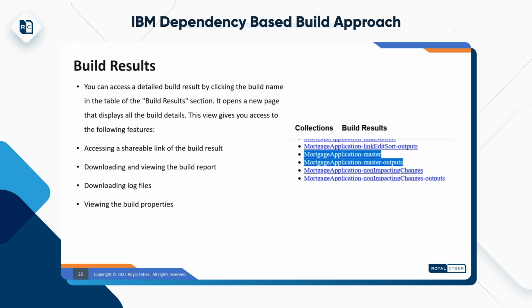You can just click and view, or if you want to download your build results, you can, or you can also look into the build properties and logs, etc. All your complete detailed build summary or build reports are available in the web application. So this is how DBB supports your modern build process.